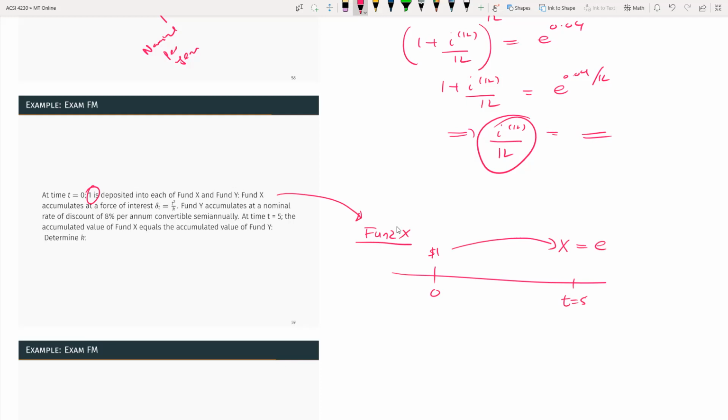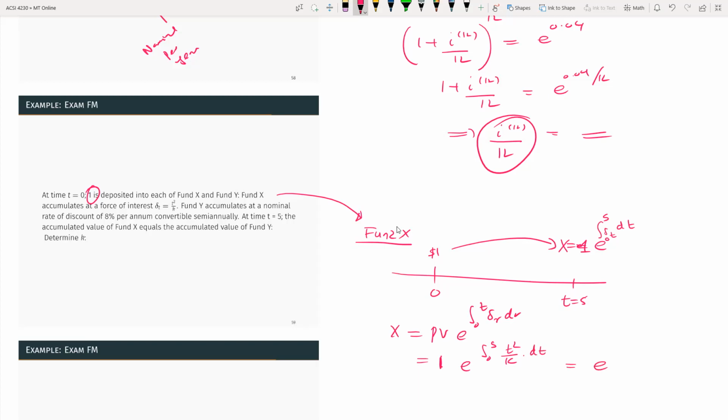So X equals what? e to the integral from 0 to 5 of delta(t) dt. And actually here I have $1, so the function is X equals present value times e to the integral from 0 to t of delta(r) dr. So in this case, present value is 1, from 0 to 5, delta is given as t squared over k dt.